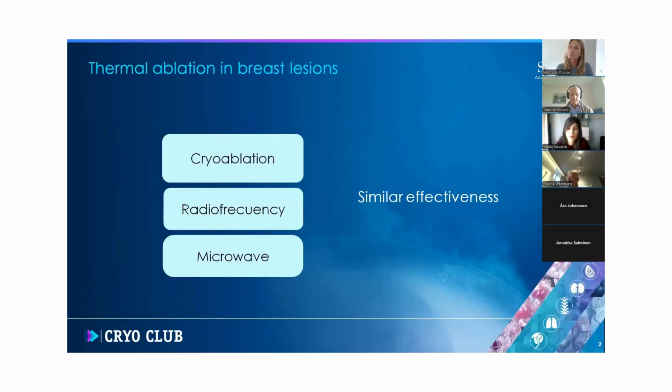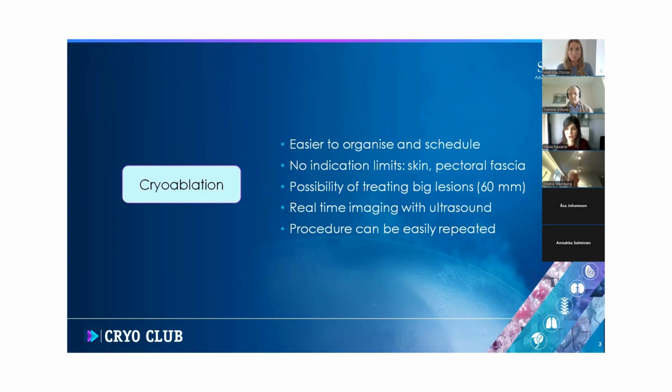So to start with, why do we choose cryoablation for treating the breast among the other thermal ablation techniques? They have similar effectiveness for destroying the tumor, but we choose cryoablation because it is easier to organize in a schedule because there's no need of sedation. We just use the regular local anesthesia as in a normal breast biopsy.